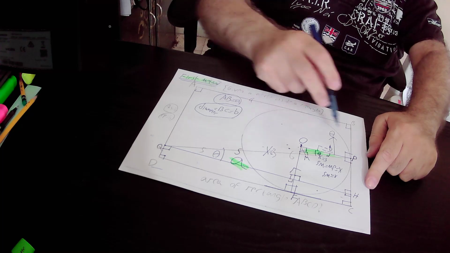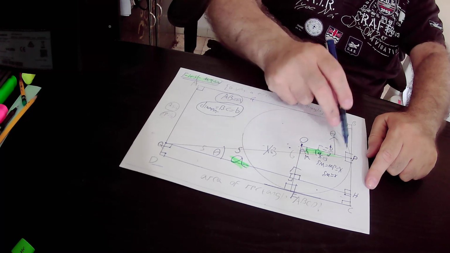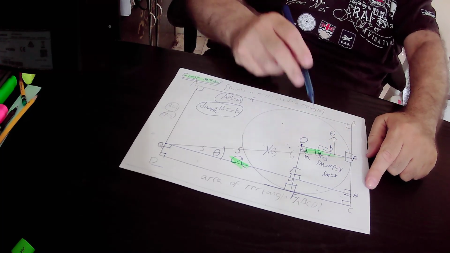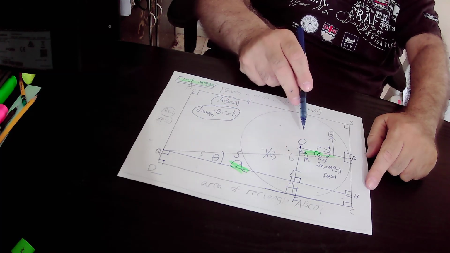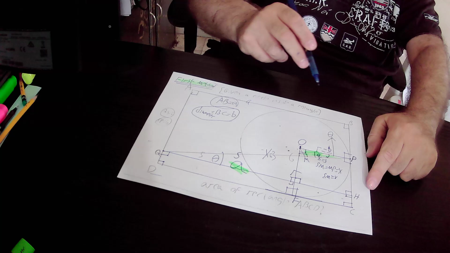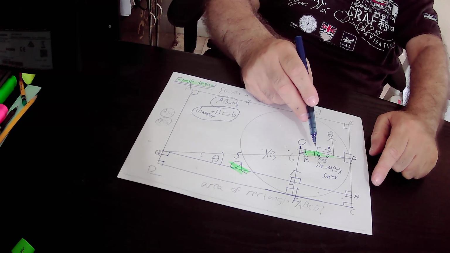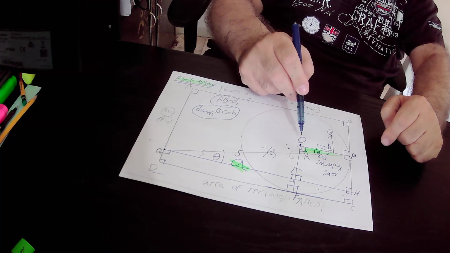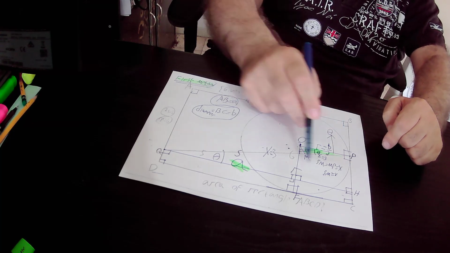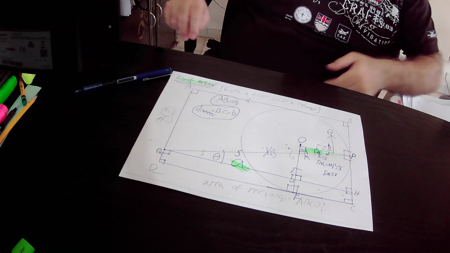Inside quadrilateral OPLH, we have 1, 2, 3 right angles. Therefore, the fourth angle must also be equal to 90 degrees. Inside quadrilateral OPLH, we have 4 right angles. Therefore, quadrilateral OPLH is a rectangle. The opposite sides of a rectangle are parallel to each other. That is to say, OP is parallel to LH.